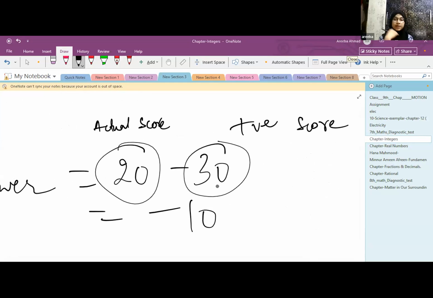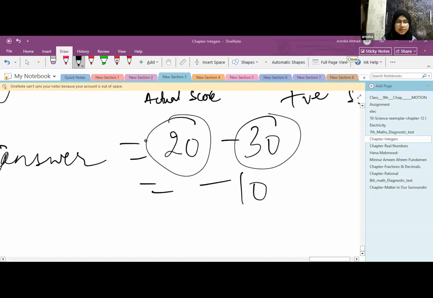In those exams, there is actually negative marking. Suppose you attempted a question and your score is 5, but you have attempted one question incorrectly. In normal settings the score remains 5, but with negative marking your score becomes 4, because minus 1 is deducted from your actual score.